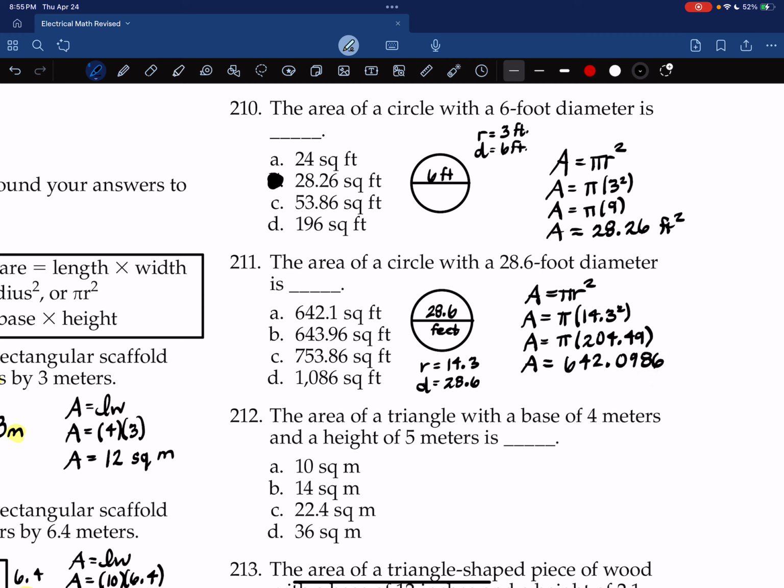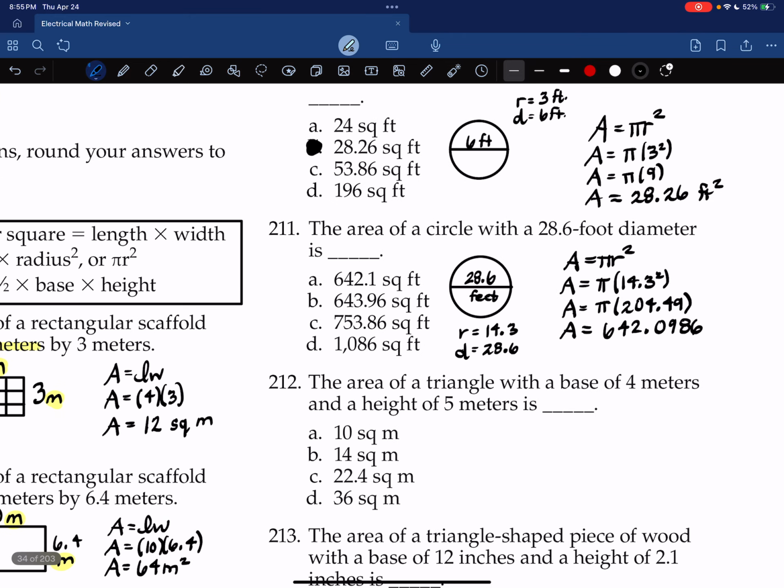And we're supposed to round to the nearest hundredth. So it's going to be 642.10, which would be A, because that extraneous 0 gets dropped. And that is square feet.